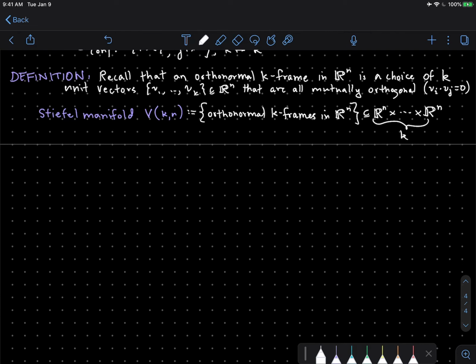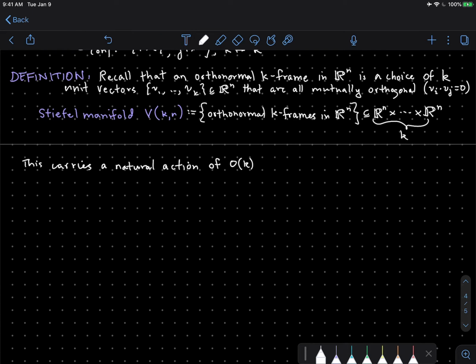So the Stiefel manifold carries a natural action of the orthogonal group O_k by acting just on the vectors in that k-frame.